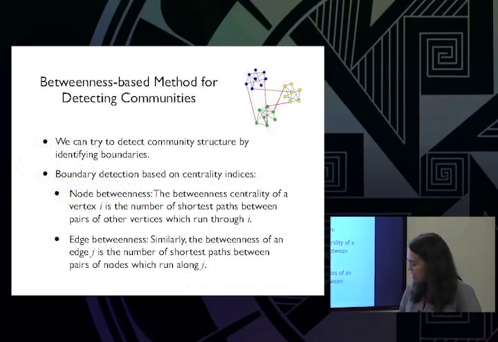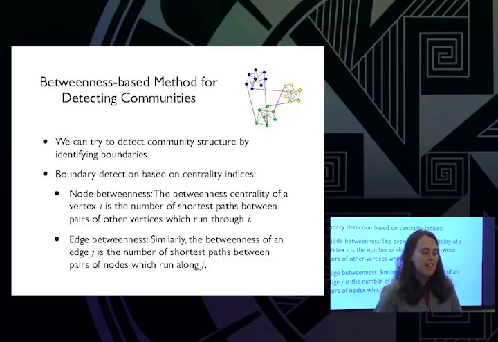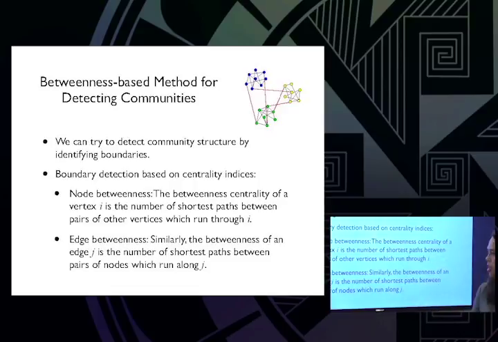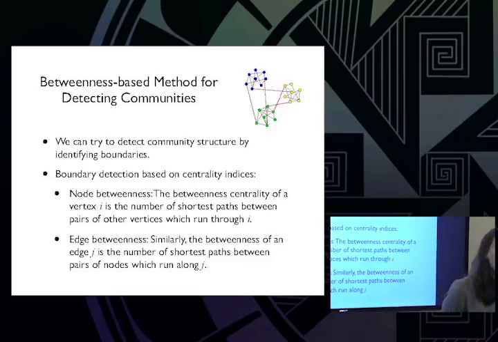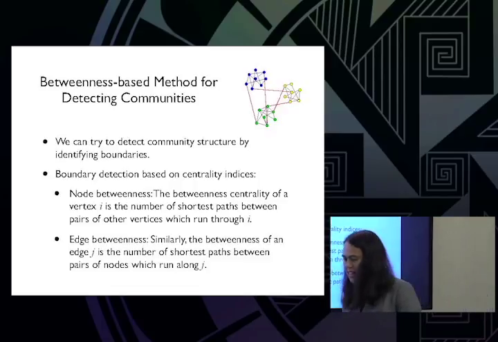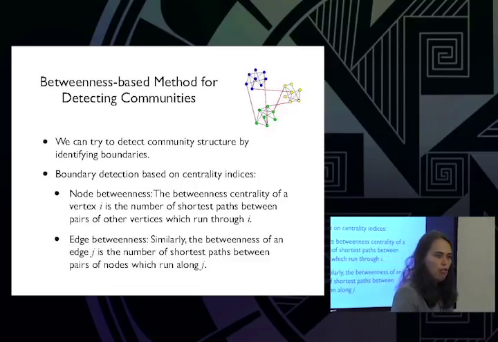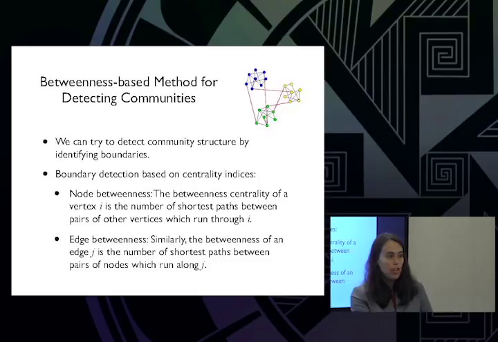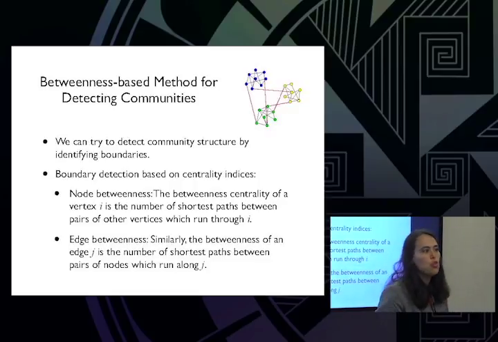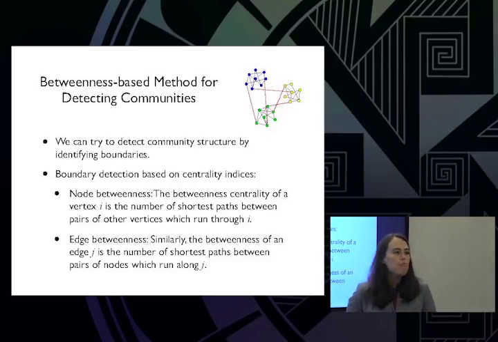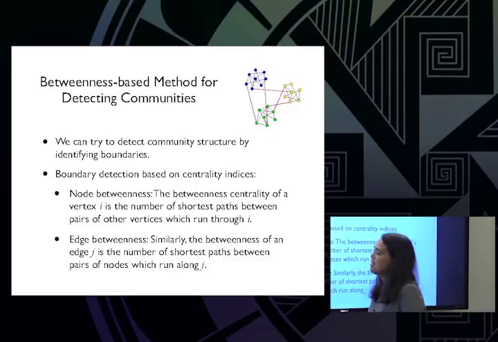Okay, so one sort of intuitive way to find communities was this early work that I did with Mark Newman, this betweenness-based method for detecting communities. So the idea here is I have these network measures that I can calculate for different nodes. For different nodes, I have their degree. But there's another more sophisticated network measure that's going to be useful for me to build an intuitive method for calculating these communities. And that's this idea of betweenness.